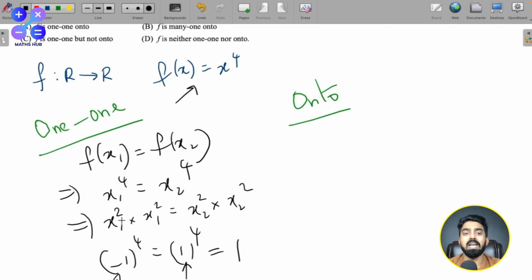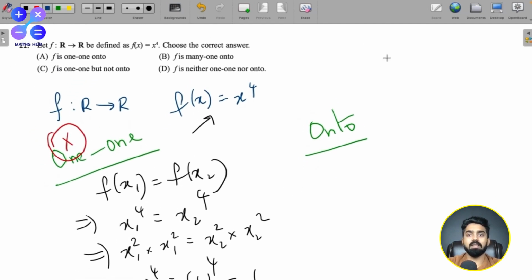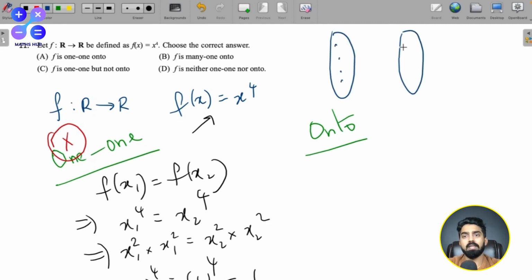So in this case, x1 need not be equal to x2, and this is not a one-to-one function. You understood? In one-to-one, every element in the domain needs to have only one image. But in this case, you will have elements like minus 1 and 1, and minus 2 and 2 having the same value. This will have 1, this will have 4, so it is not a one-to-one function.